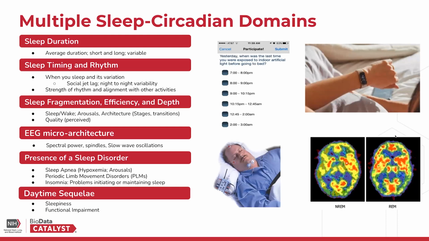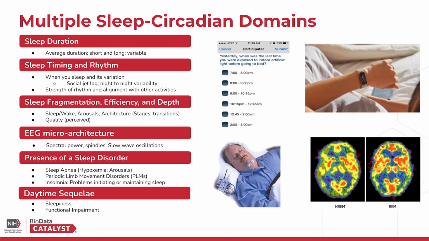And each of these domains may be measured by a variety and often quite different types of instruments, each of which really impact the types of data that we have available in our approach to visualizing, annotating, and analyzing the data.